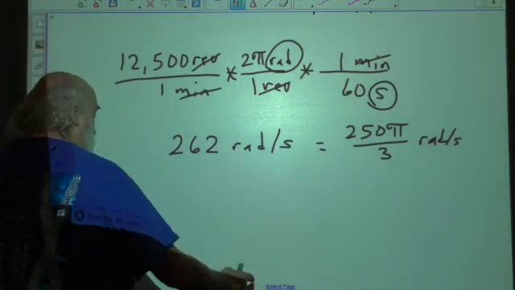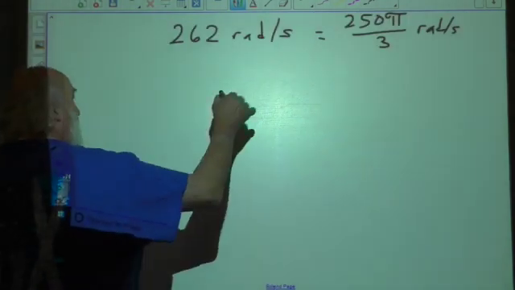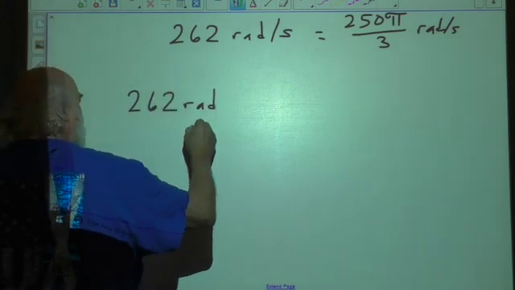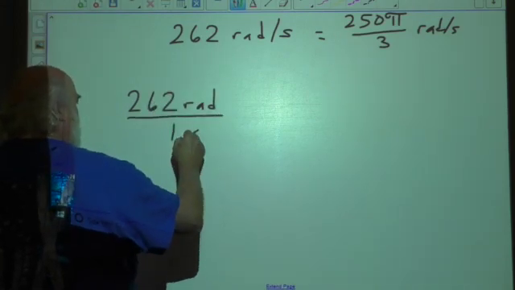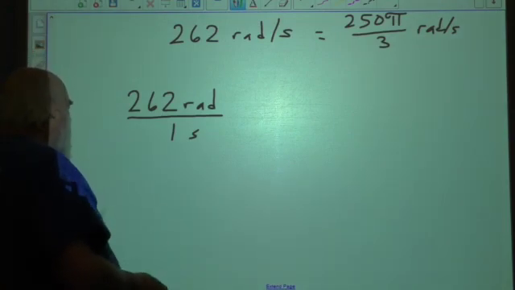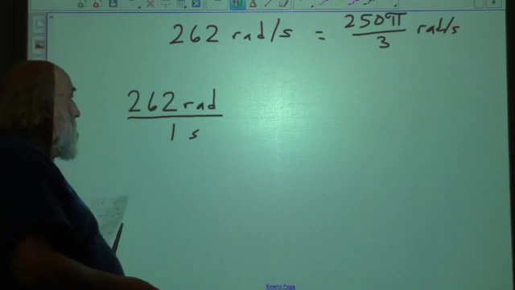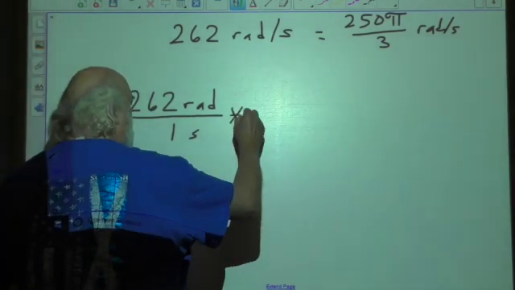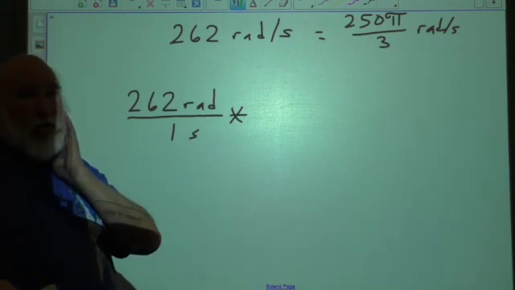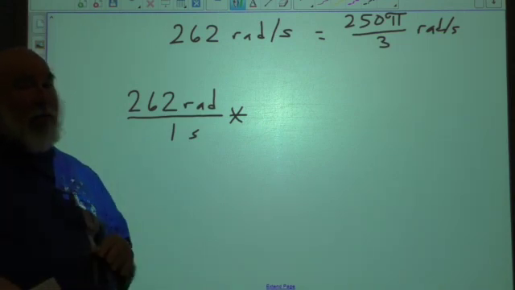Okay, so I'm going to find the tangential velocity. I take that 262 radians per second, and I'm going to put that over 1 second just to give it the fractional form. And then I'm going to convert that over to meters per second. Now, the one thing about this is we said that the diameter of this was 10 centimeters.